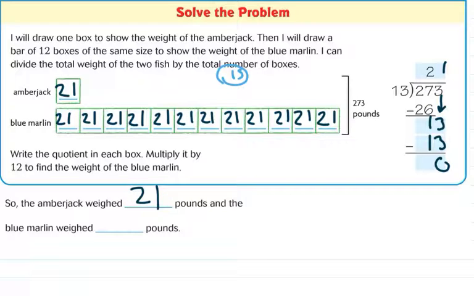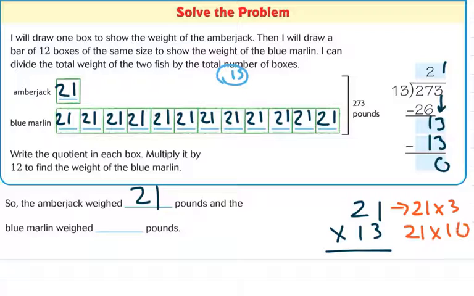Now, our second step here said to multiply it by 12 to find the weight of the blue marlin. And notice a strategy that we've been using all chapter 2 is we multiply the quotient by the divisor. So when we look at this problem, boys and girls, really what we have going on here is 21 times 3 ones, and then 21 times 10 ones, or 210.